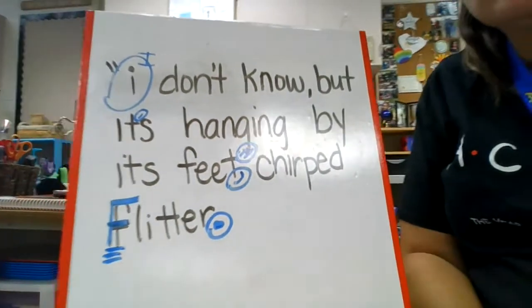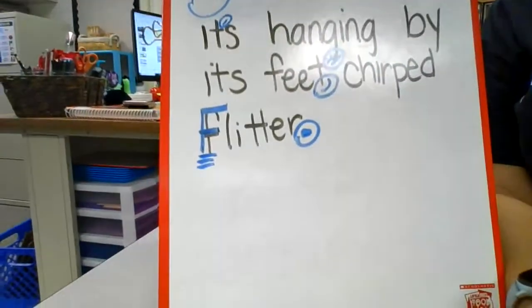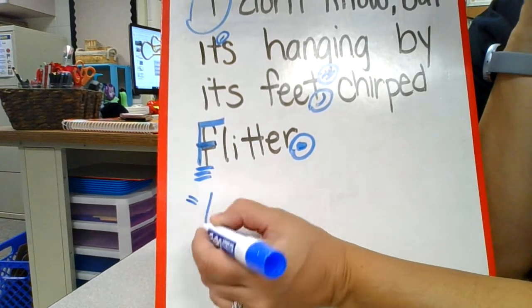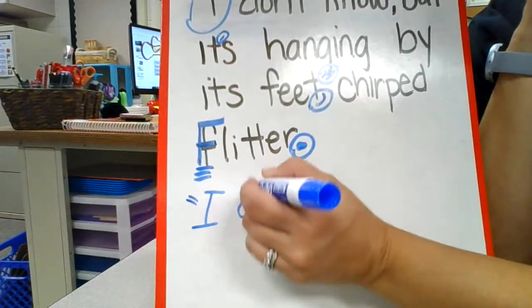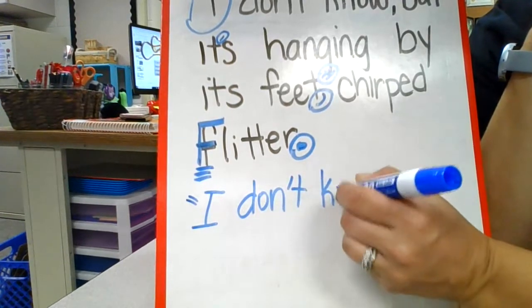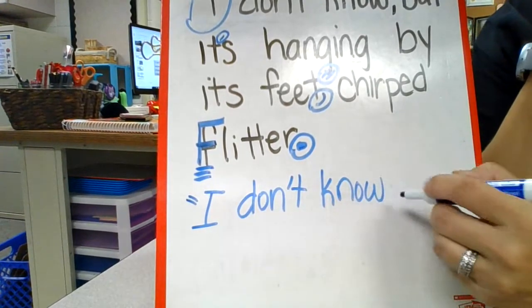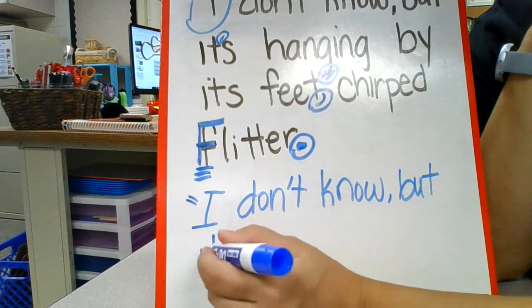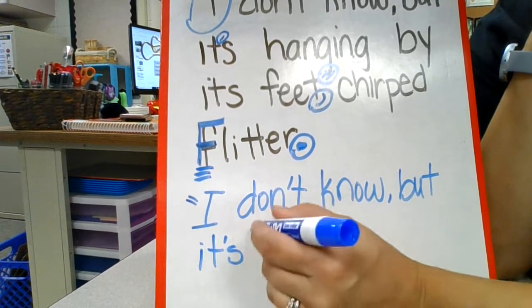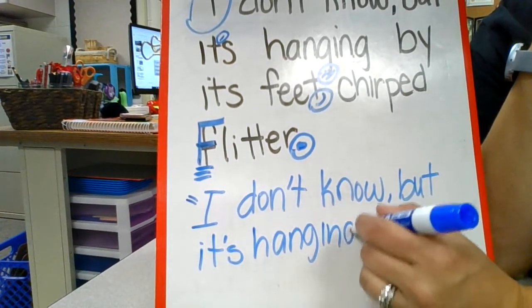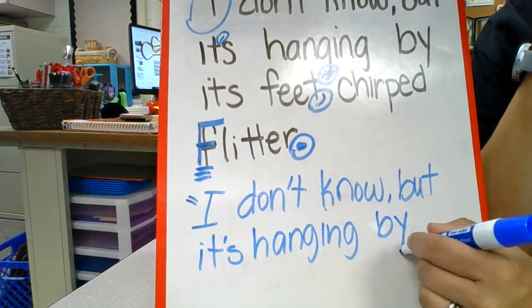Now, not only should you be able to find the mistakes, but you should be able to write the sentence correctly. So underneath, you're going to make sure you have your quotation marks and you're going to write it in the correct way. And the great thing is the spellings are all correct in our sentence. So we want to make sure that everything matches exactly as is. The quotation marks are there. Our apostrophes are there.